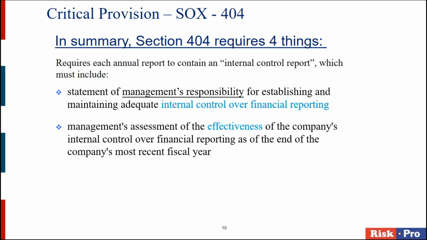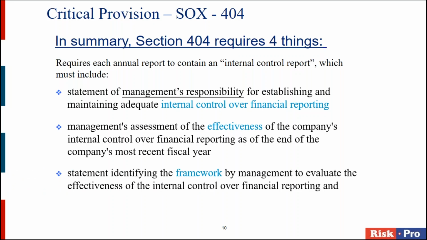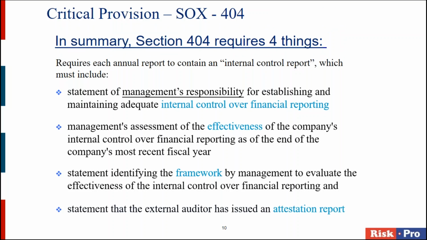Here, the management has to ensure that it has compared with the effectiveness of the company's internal control. Three, statement identifying the framework used by management to evaluate the effectiveness of the internal control over financial reporting, and four, the statement that the external auditor has issued an attestation report.